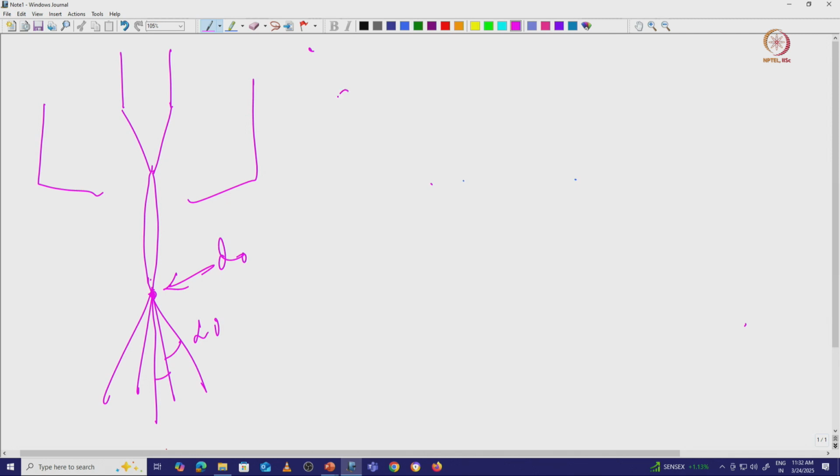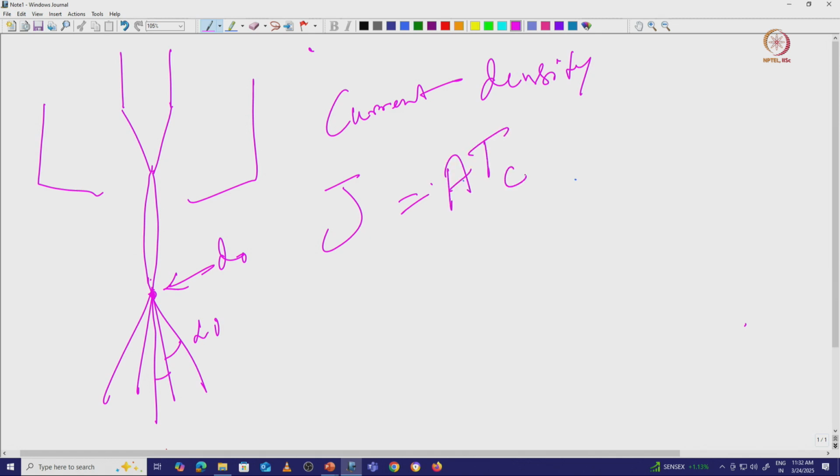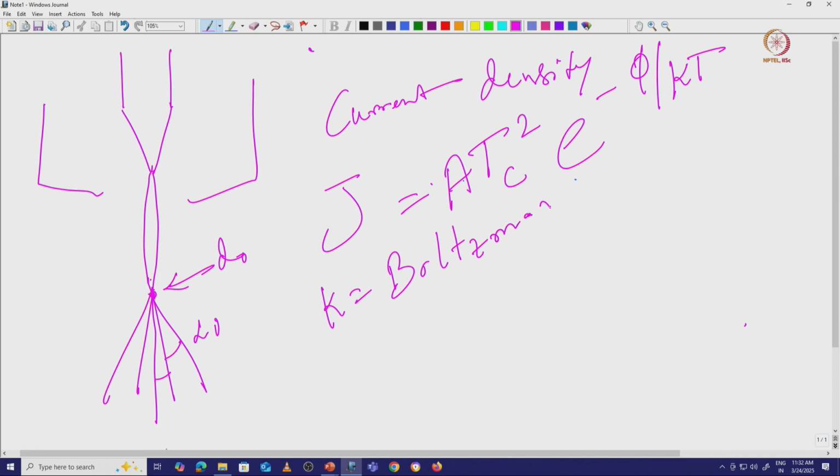The current density J depends on two parts: one is A T squared e to the power minus phi by k T, where k is the Boltzmann constant.